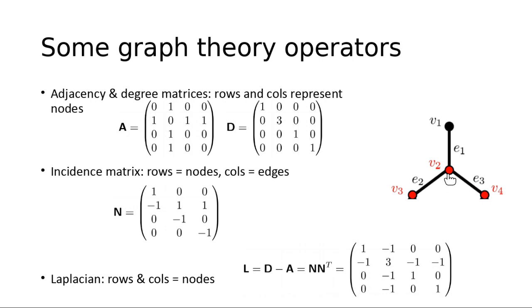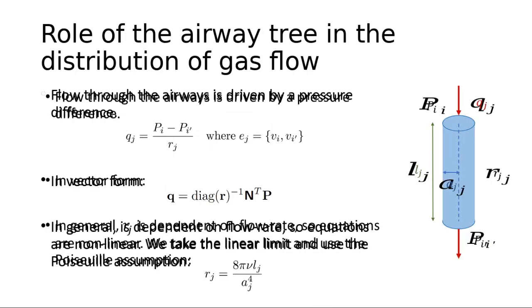So for example, for node 2, you get a -1 for all the nodes connected to it, and a +3 for the node in the middle. So it's a very, very brief primer. Okay, this slide's even worse than the previous ones, but that's a very brief primer on graph theory. So how does that relate to the airways?